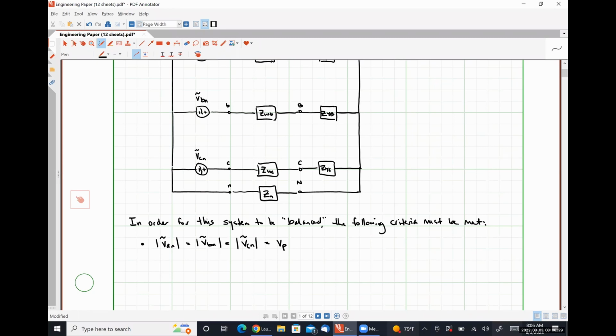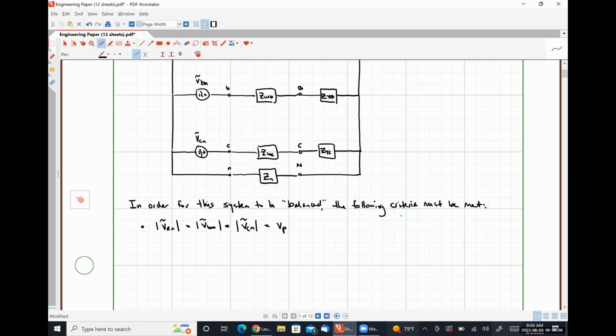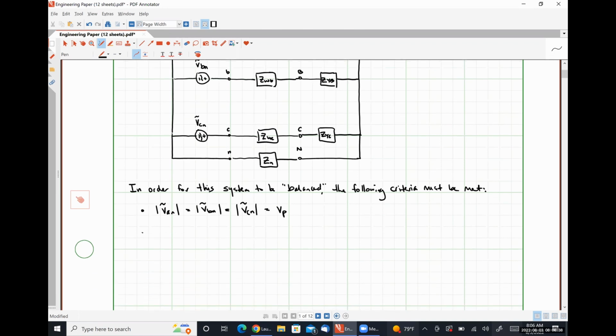We also require that there is 120 degrees of phase separation between our sources, meaning that, actually, let me write this in a way that's maybe a little less confusing.